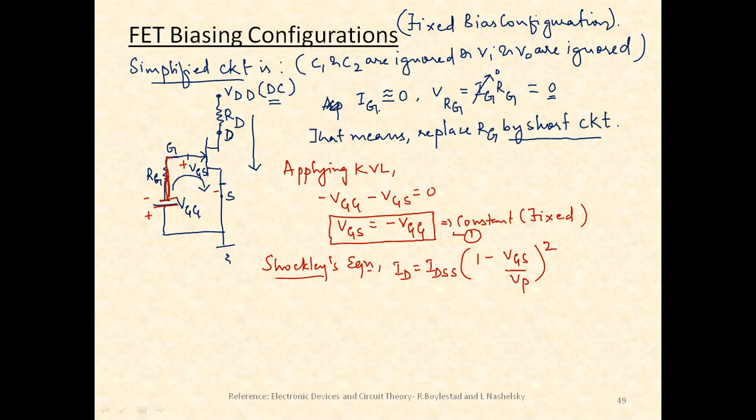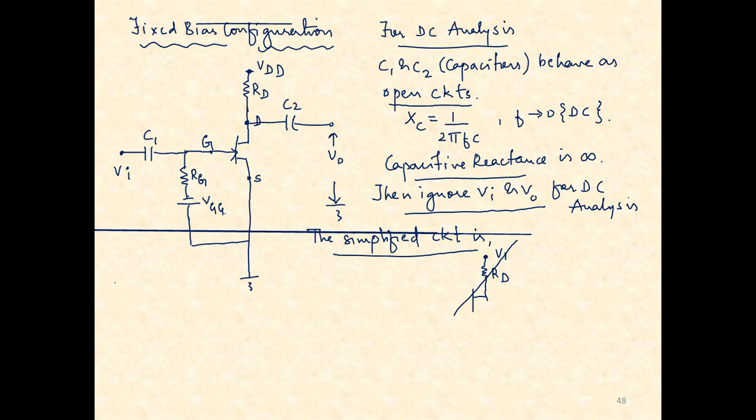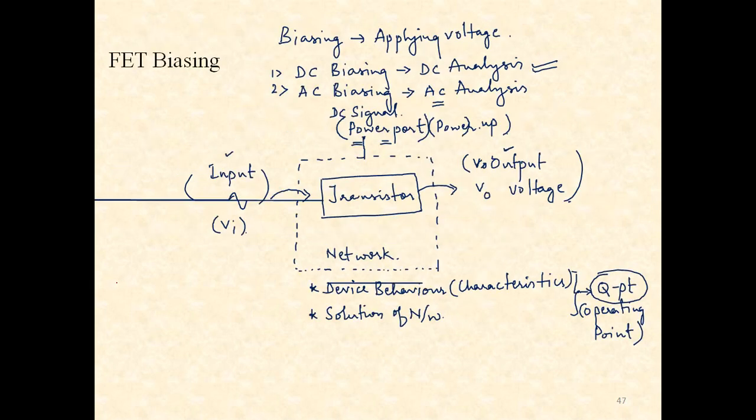So what does that mean? What is the relation between ID and VGS here? Let me just call it 2. Let me just give something informative with respect to this equation. Let me just go back a minute.